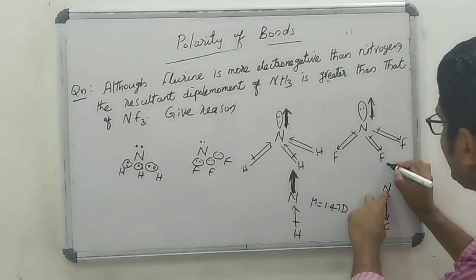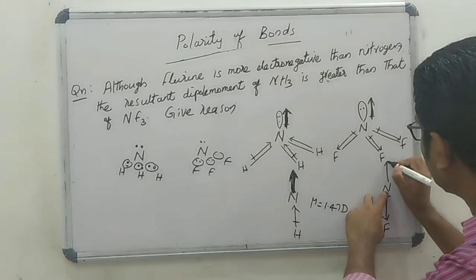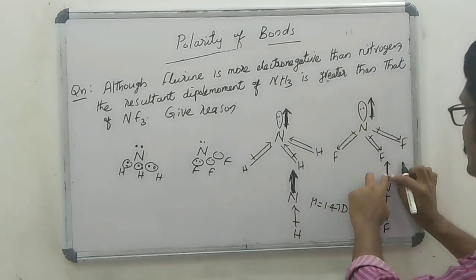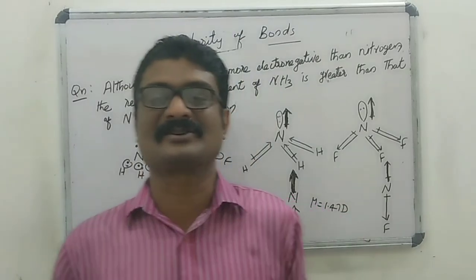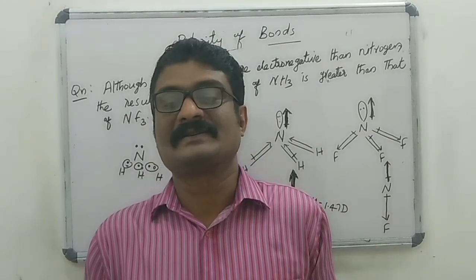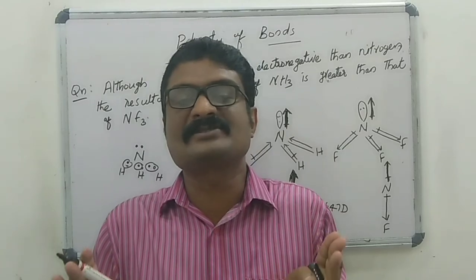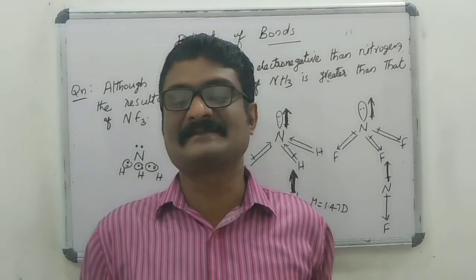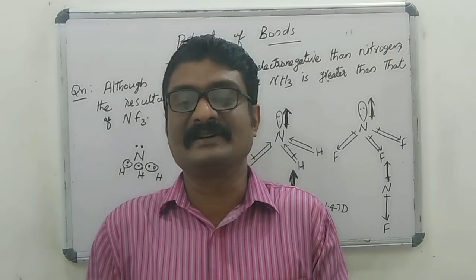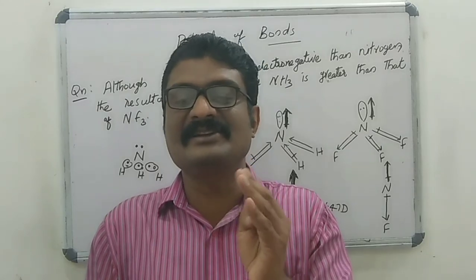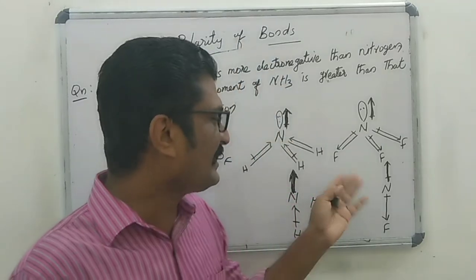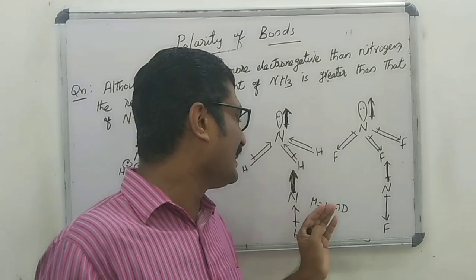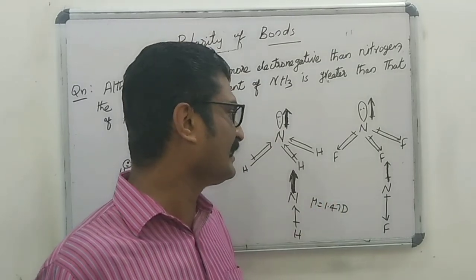Then the bond moment due to the lone pair of electrons is directed in the opposite direction, and hence they partially cancel each other. Then NF3 has a very small dipole moment value as compared to NH3.